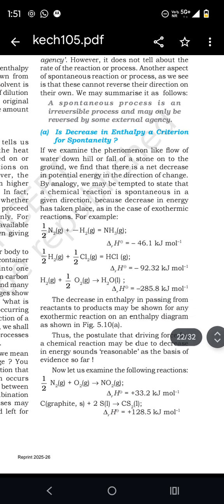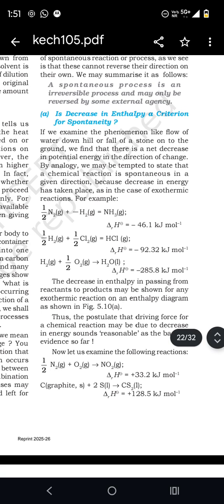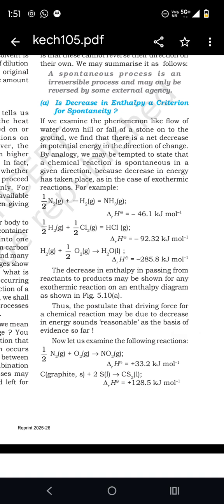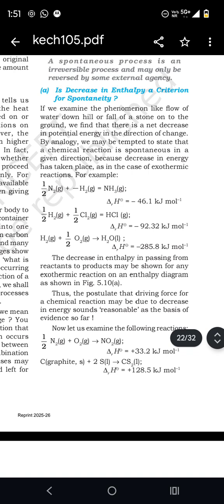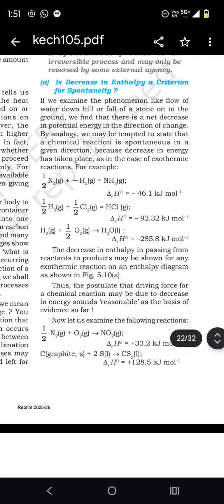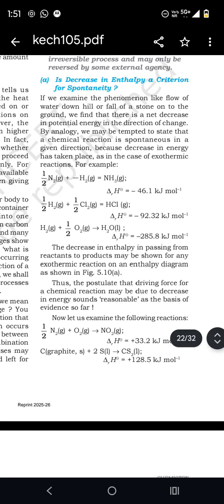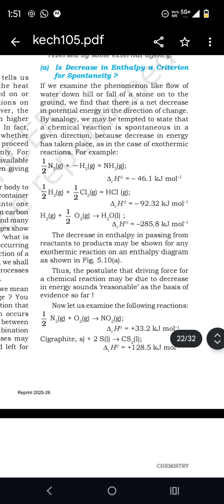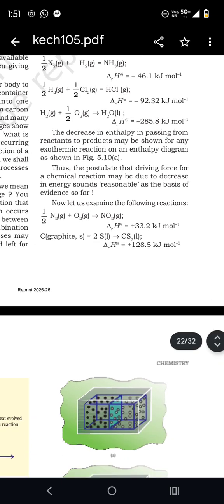If we examine phenomena like the flow of water down a hill or the fall of a stone to the ground, we find there is a net decrease in potential energy in the direction of change. By analogy, we are tempted to state that a chemical reaction is spontaneous in a given direction because a decrease in energy has taken place, as in the case of exothermic reactions.